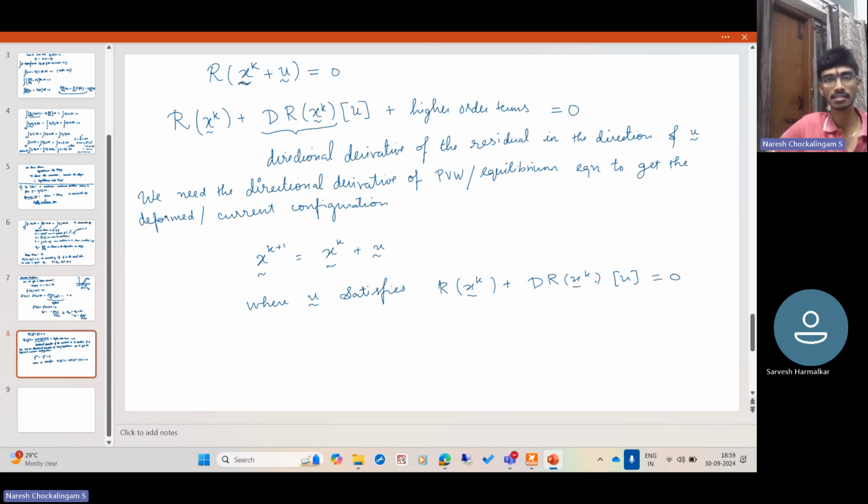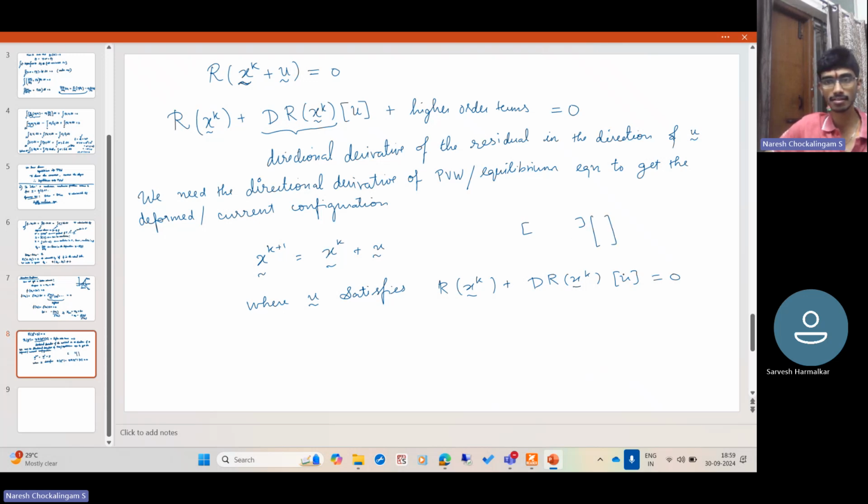So we know that the directional derivative is linear in u, and this is a known function. When you plug in xk, we know this is a scalar. This is a row vector. This is a column vector. So the result will be a scalar.